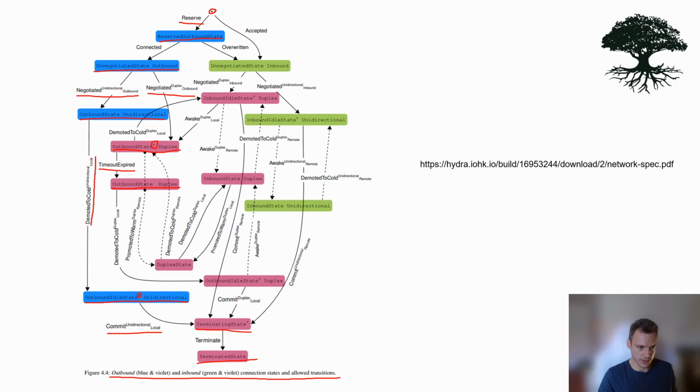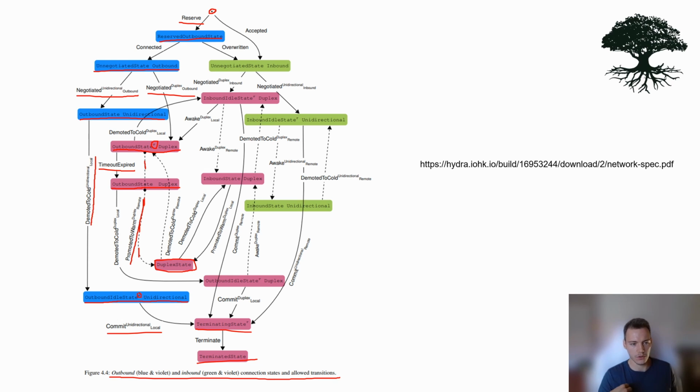On the other hand, if the other node does start mini protocols towards us, then this, so that is this dashed line that goes here, and this method is called promoted to warm duplex remote. Remote signifies at the end that this is a decision from the remote node. So the remote node promoted our node to warm, the mini protocol started, and then we enter the duplex state, which means that the connection is being used both ways in terms of a mini protocol.